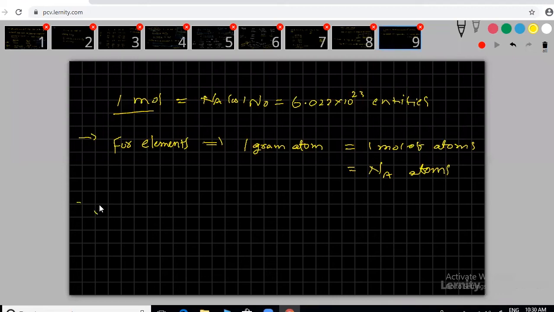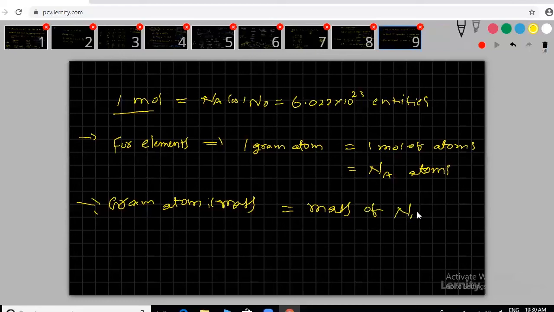Next point. Gram atomic mass equal to mass of Na atoms.